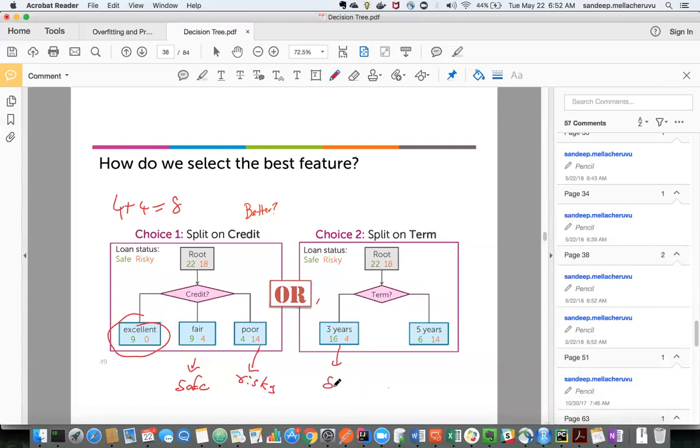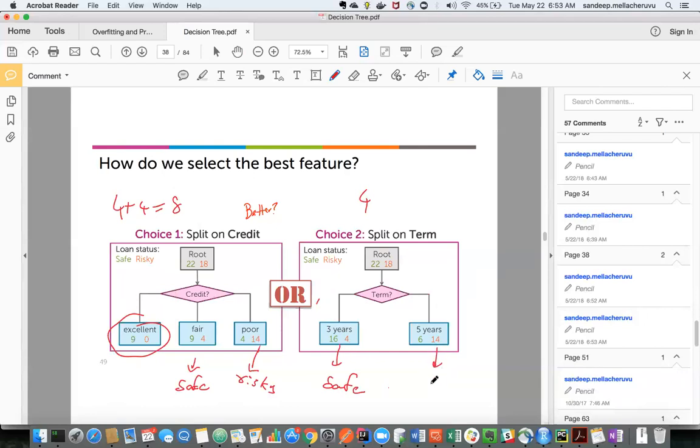Assume here it is a safe loan because 16 times it is a safe loan. So 16 times your data supports that it is safe, but 4 times it is a risky loan, which means that on the training data set you are making 4 mistakes for this branch.